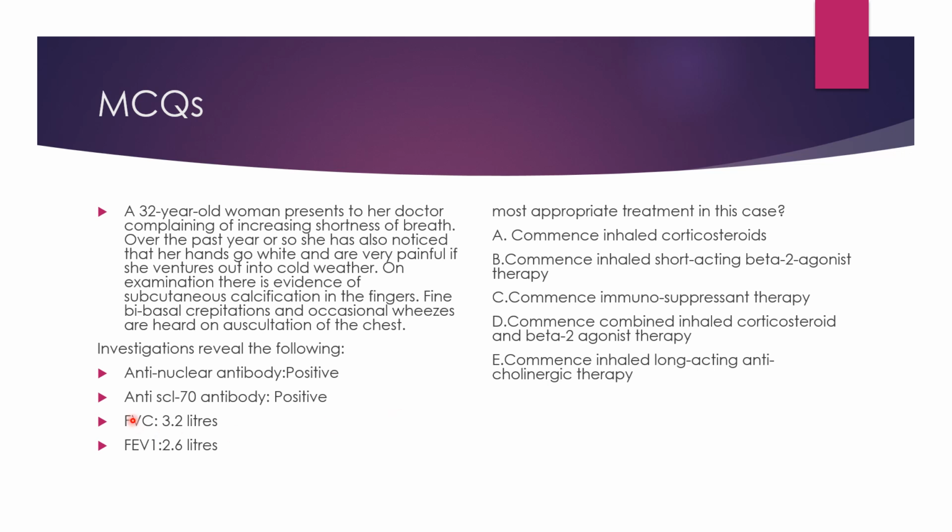And even if you don't know this, we all know that systemic sclerosis is associated with interstitial lung disease. So simply logic. You don't have to get confused with the pulmonary function test and all the details in the question. I have put this question because there are many things that try to confuse you, but MRCP only tests your basic knowledge.